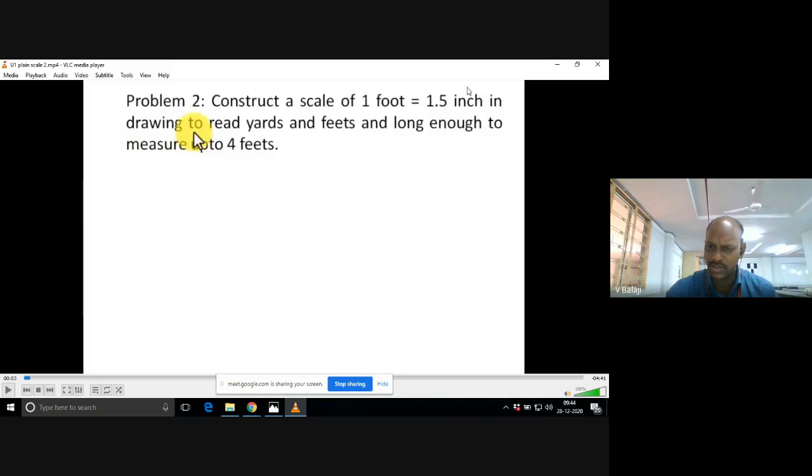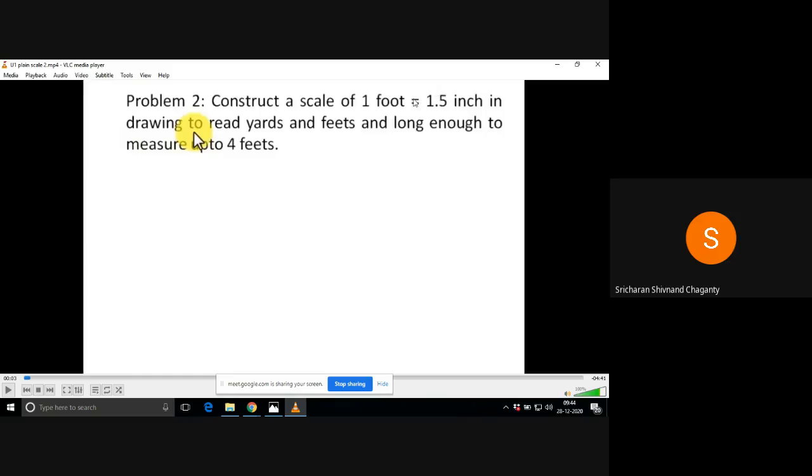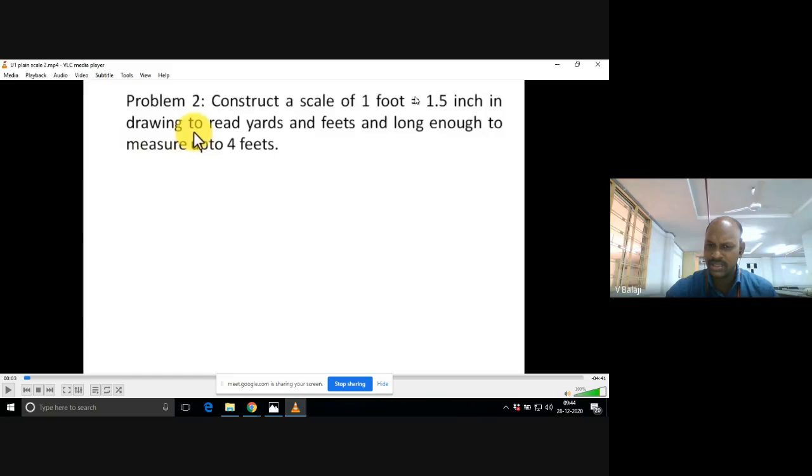Like I previously said, 1 kilometer, can you mark it on the drawing sheet? No. Similarly, he has given 1 foot, and I am unable to accommodate even that, so I will convert it into 1.5 inch.